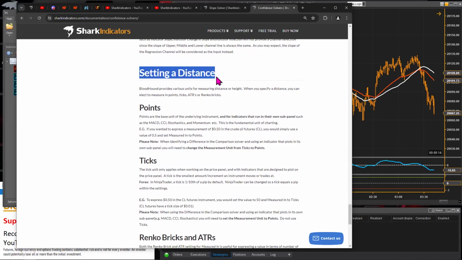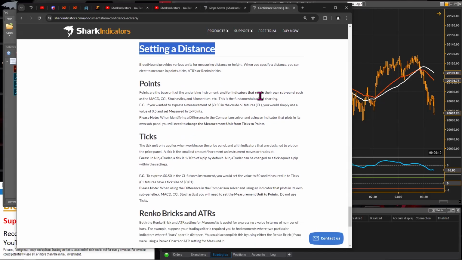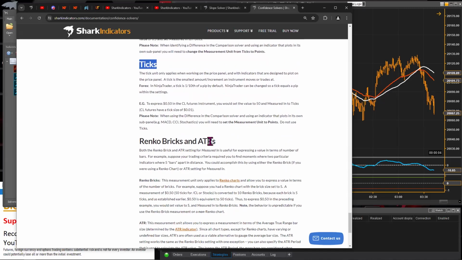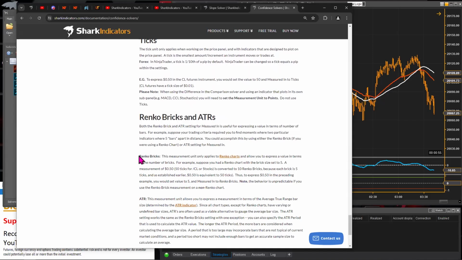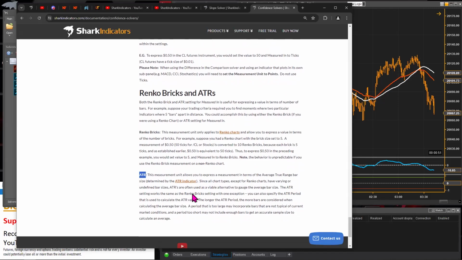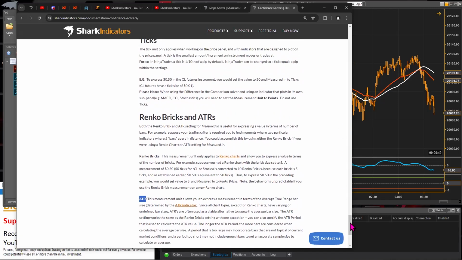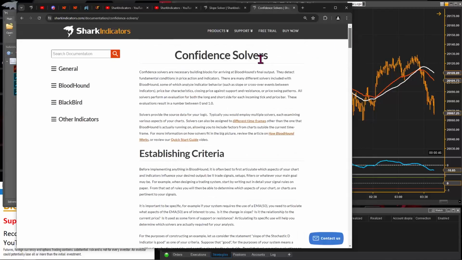So setting distances, right? So with the slope solver, I've been giving examples of points, ticks, and ATRs. And so here's the explanation for bricks and ATRs as well, if you want to check that out. So there's the Renko bricks, and there's the ATRs. So again, that is on the confidence solvers page there.